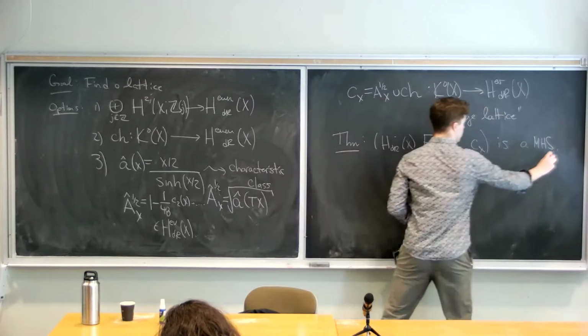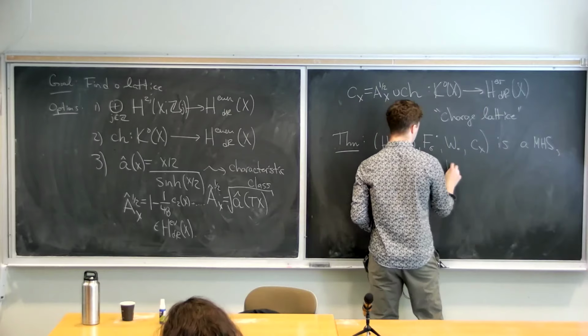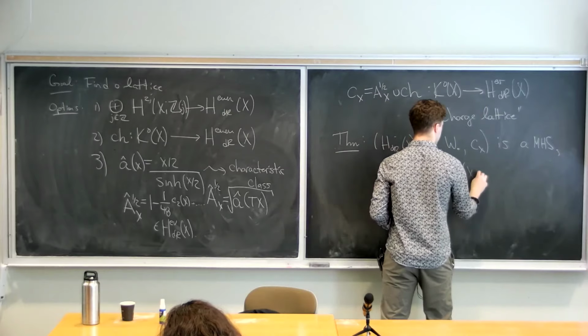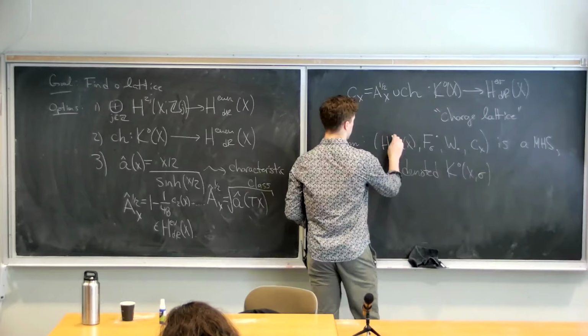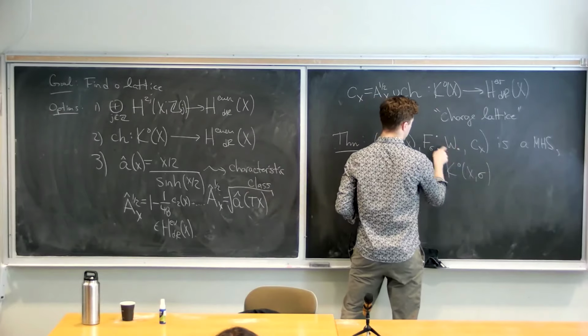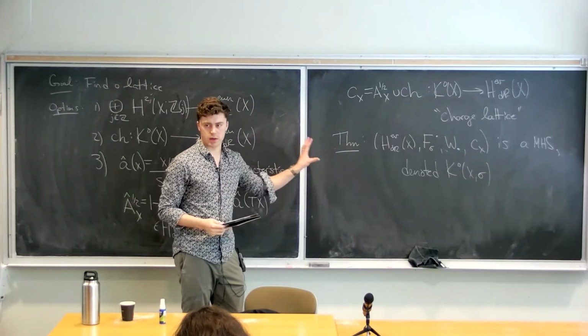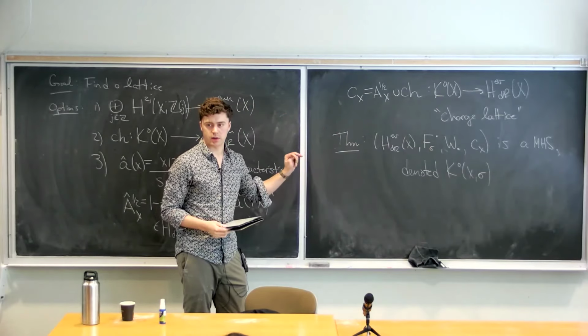And I'll denote it K0 X sigma. Really, from what I've said, this should be H even, and these make sense. So the even and the odd cohomologies are each going to be their own separate mixed Hodge structure in this story.